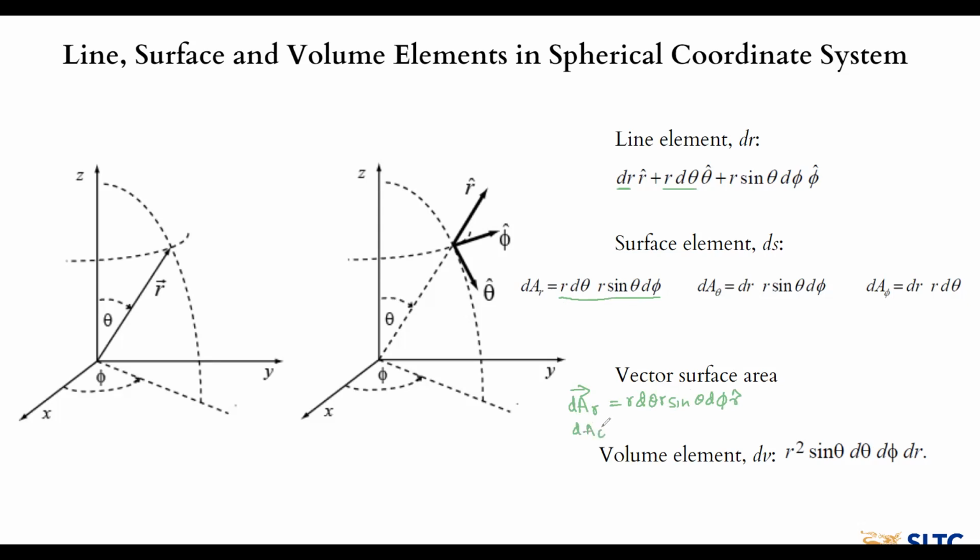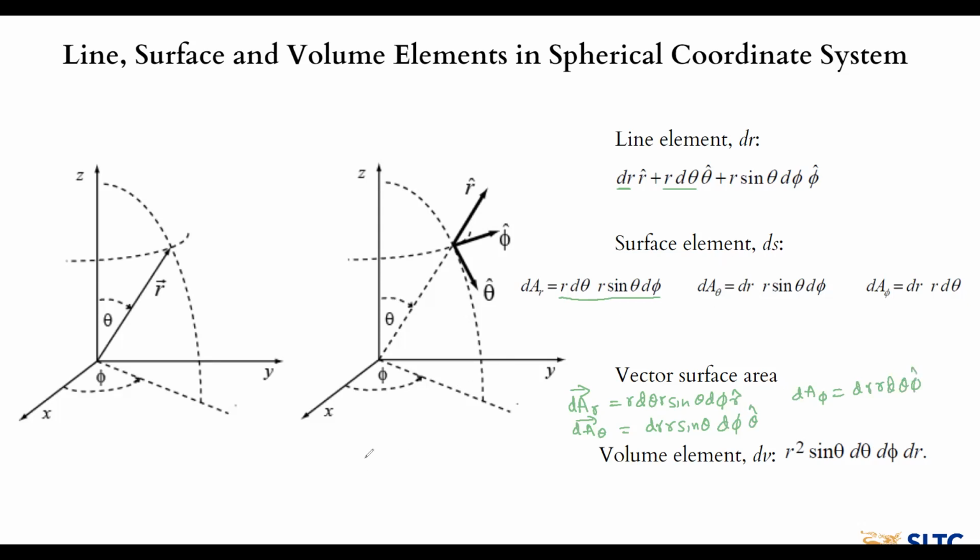Next, dA theta, the vector of dA theta is dr, r sine theta, d phi into theta hat. Next, phi. dA phi is dr, r d theta and phi hat, right?